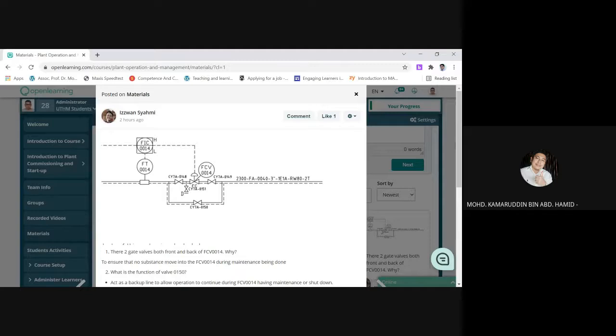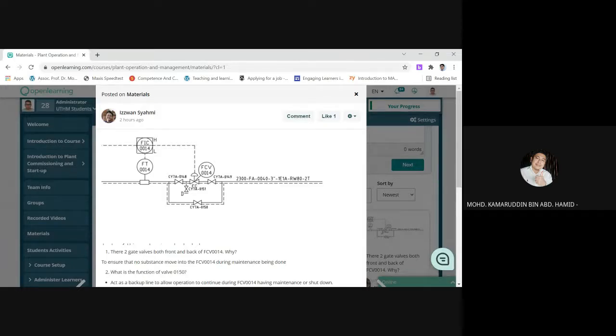Or total blockage. Tersumbat, so no flow. Or your control valve is stuck, fail to open. Maksudnya dia stuck, dia tak boleh buka. It fails closed, fully closed. So no flow. That is the cause of no flow.